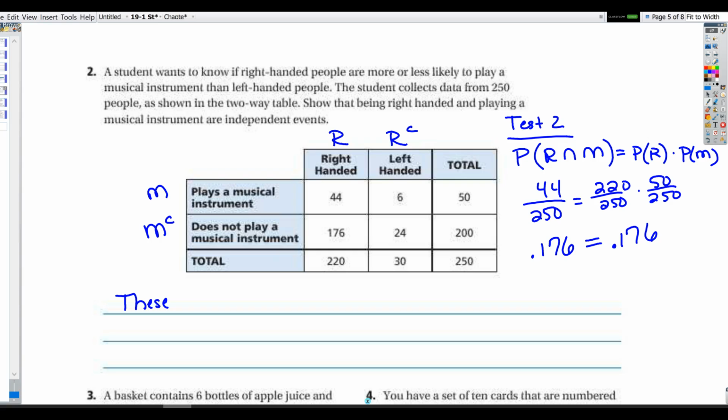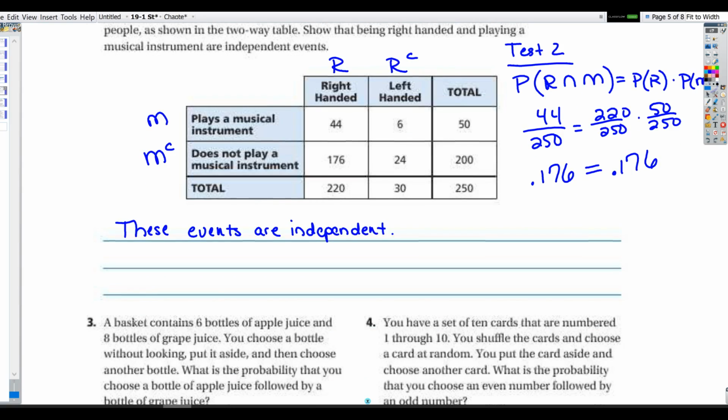Same outcome. Okay, so these events are independent. I'm going to leave it at that just for the sake of time. It's because the equality implies independence.